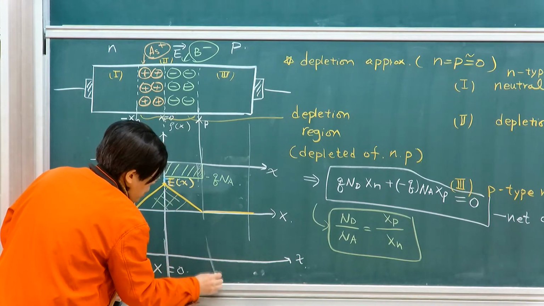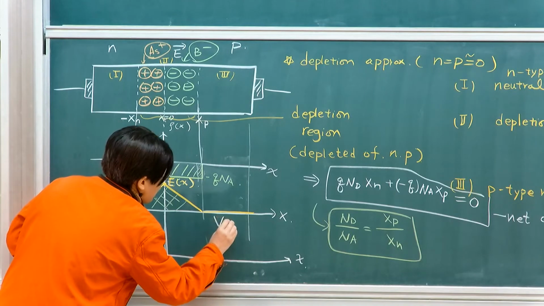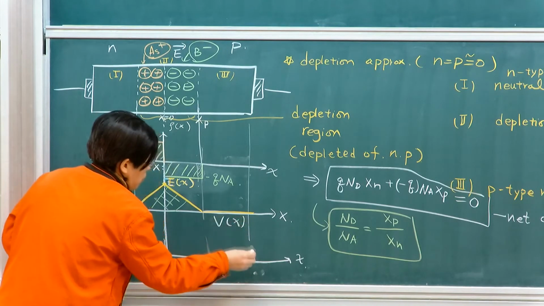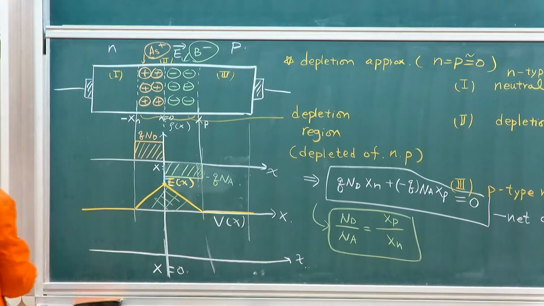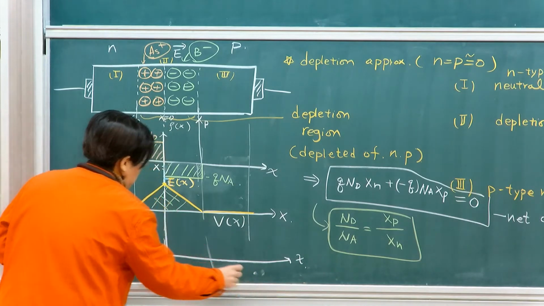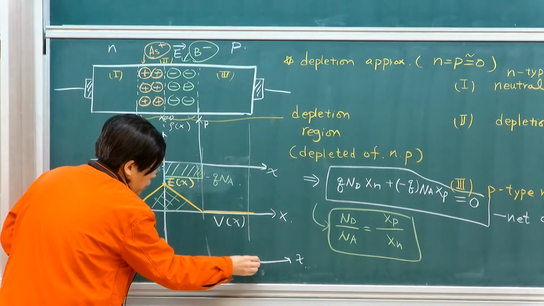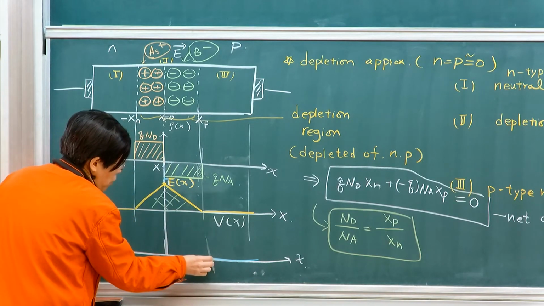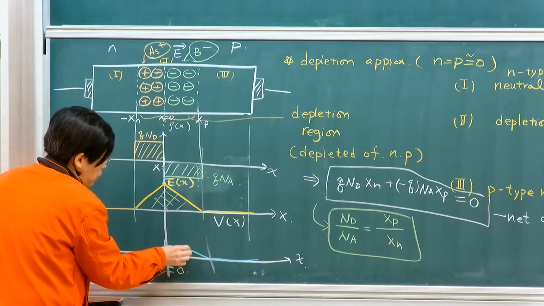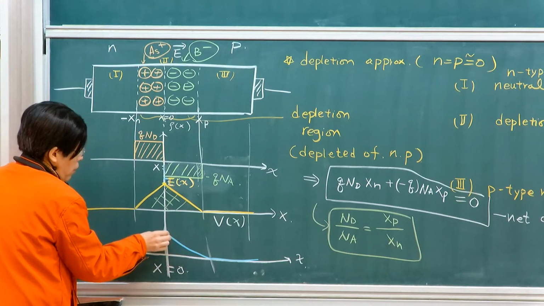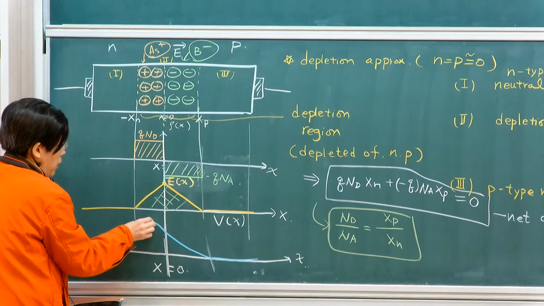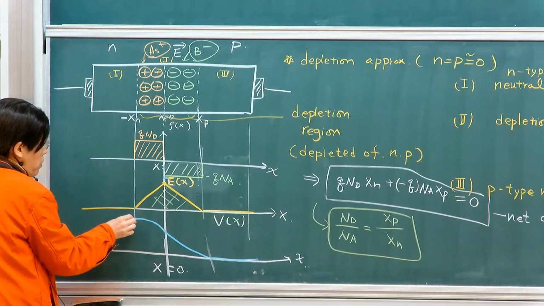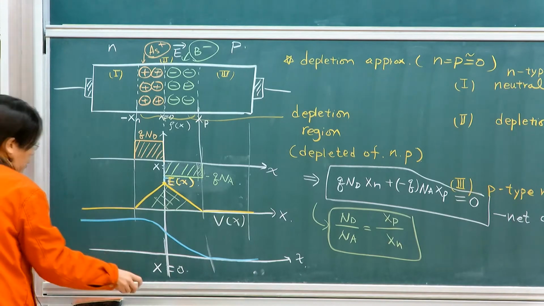So if I'm trying to draw the potential, V as a function of X, in the neutral region, it will be flat again. And once there's electric field, it will start changing, the integral, and then it will flatten out when it's closer to the edge again.